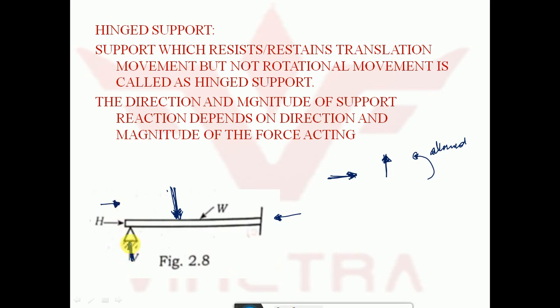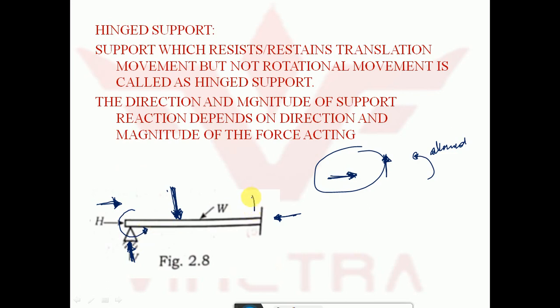No vertical support reaction will develop. If I apply vertical force and horizontal force, then the support reactions developed will be vertical and horizontal, because translation movements are restrained here. That is, the body is not allowed to move in the horizontal direction and vertical direction, which is called a hinged support, but it can rotate about this support.